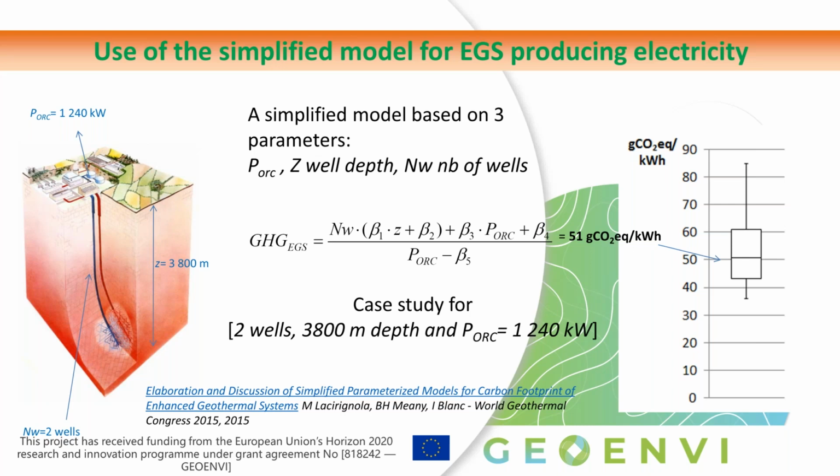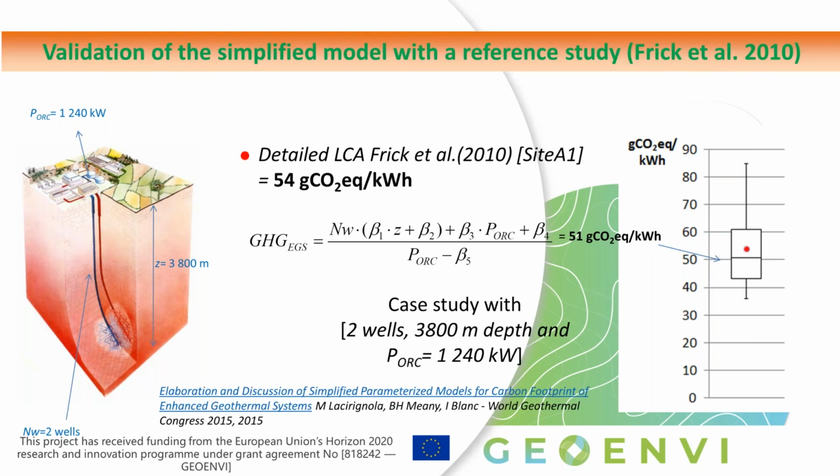Okay, so we have this equation, this simplified model. It provides an answer in a few minutes, but is it relevant? So on the next slide here, we have the comparison with a published EGS installation, Stephanie Frick's publication, and for the same configuration, that means 2 wells, 3,800 depth for the well, and the same power for the ORC, the publication is giving 54 grams of CO2 equivalent per kilowatt hour, the red dot.